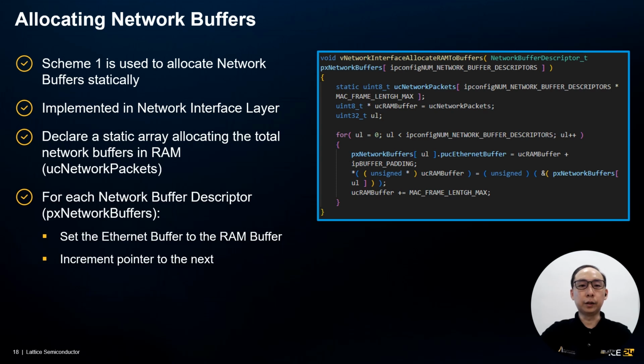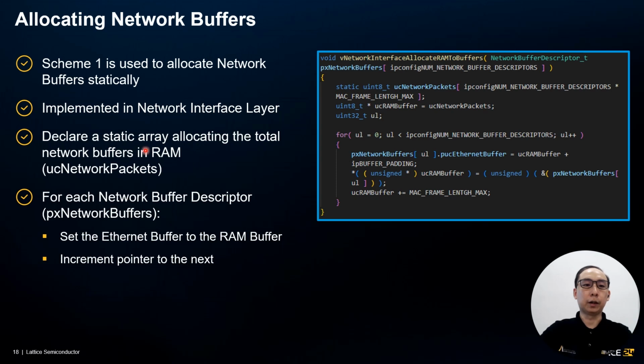As described in the introduction slide, the FreeRTOS+TCP provides two types of schemes to allocate the network buffers. Scheme 1 is used in this demonstration, where it statically allocates the network buffers. The code is implemented in the network interface layer.